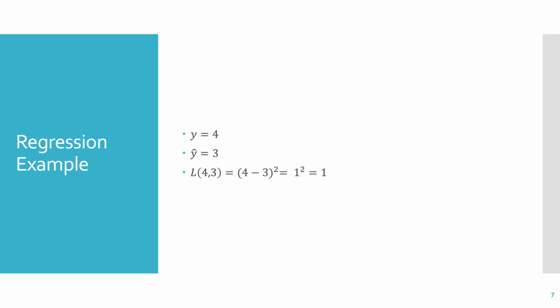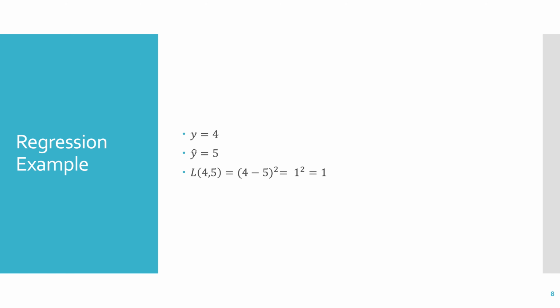Let's say the truth is y equals 4, and the prediction our model gave was y hat equals 3. Then the loss for that sample would be L of 4, 3, which equals (4 minus 3) squared, which is 1. Similarly, if y hat was 5, you would also get a loss of 1.